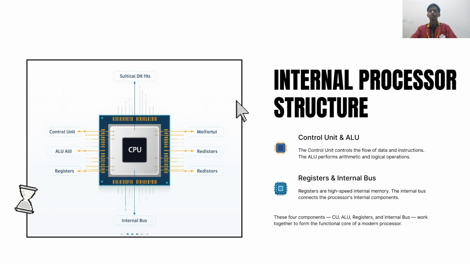Registers are extremely high-speed internal memory, very small in size but the fastest to access. Finally, the internal bus connects the components inside the processor chip. All of these components work together during every instruction cycle.